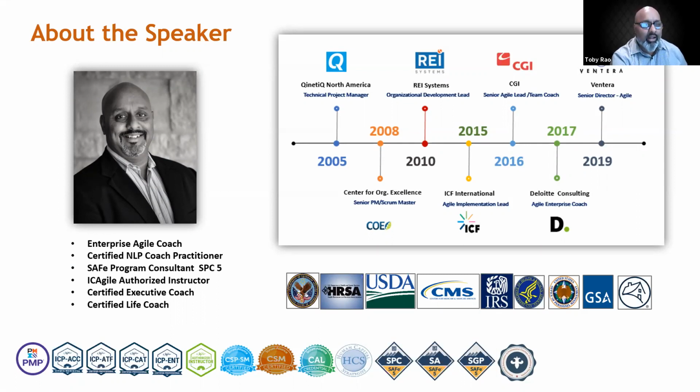And that led me to learn a little more about how communication works, organizational change management, and the human side of change. That led me to learn more about NLP, and I took a course and learned a lot of things. And then I synthesized that information to see how that can work with Agile teams. And that's the presentation today.